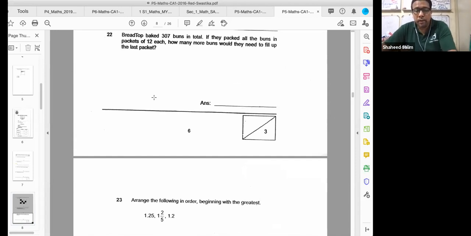Come, we try this one. If you feel you cannot, you go to 23 straight. Arrange in the beginning of the biggest. If you feel you cannot do question 22, never mind. Go 23 straight. Raidi, don't change the question, Raidi. Come, you must do.